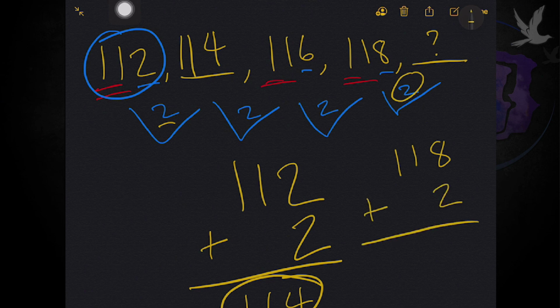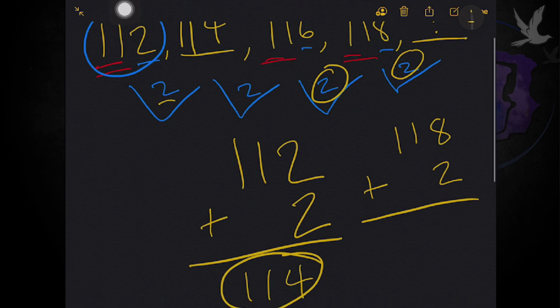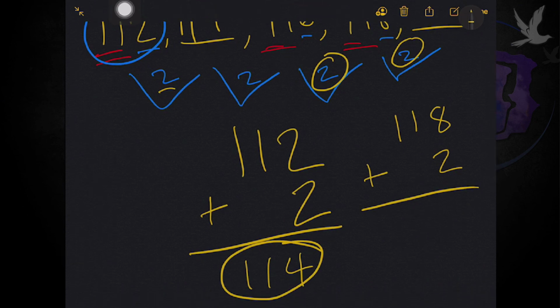In this case, from 116 to 118 the difference is 2. It can be 3, it can be 4, it can be 5, even 100, even 1,000. So it depends. All you have to do here is add 2 to 118 because in this case our difference is 2.